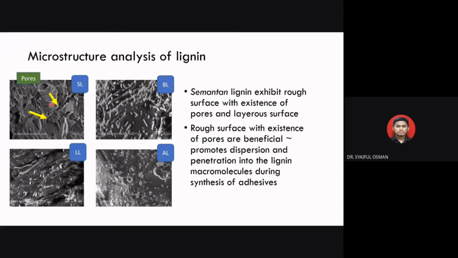It has a rough surface with visible pores. And this rough surface is quite important and beneficial because it can promote dispersion and penetration into lignin during the adhesive synthesis.